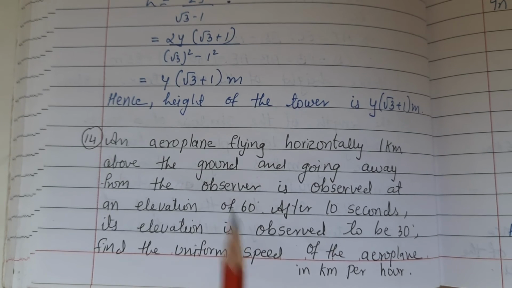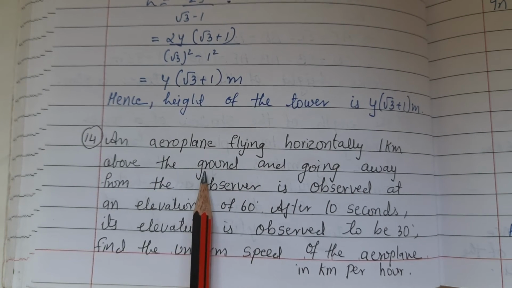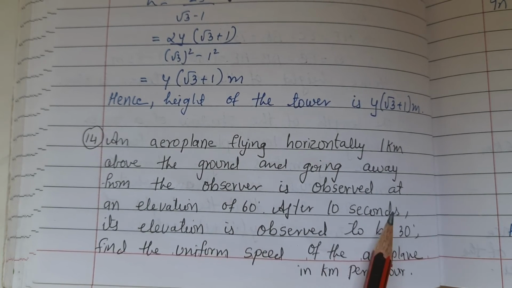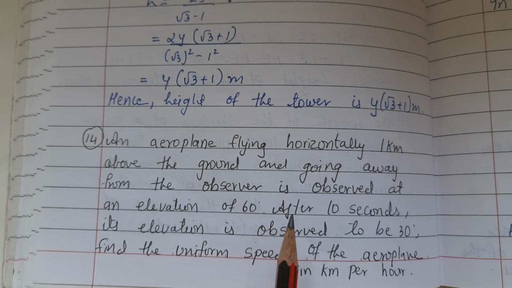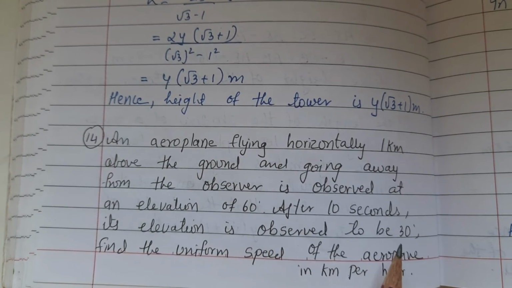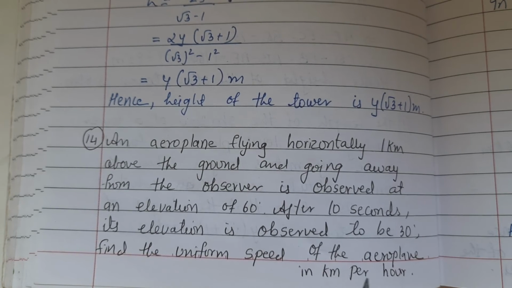Sum number 14. An aeroplane flying horizontally 1 kilometer above the ground and going away from the observer is observed at an elevation of 60 degrees. After 10 seconds, the elevation is observed to be 30 degrees. Find the uniform speed of the aeroplane in kilometers per hour.